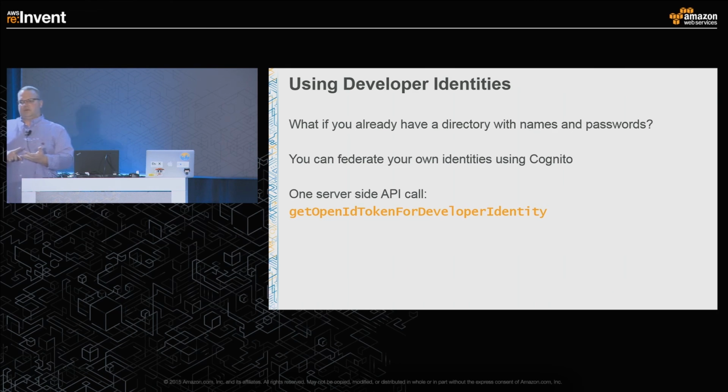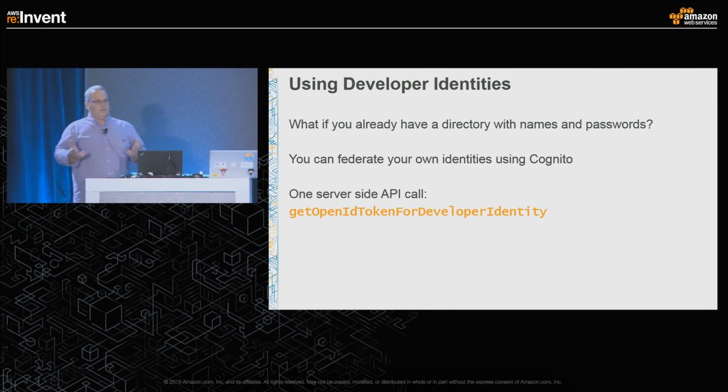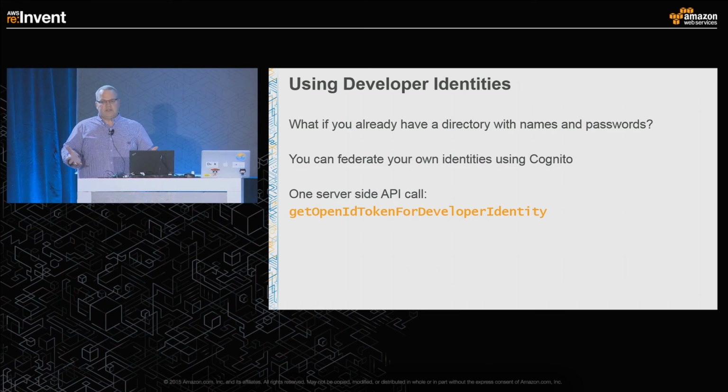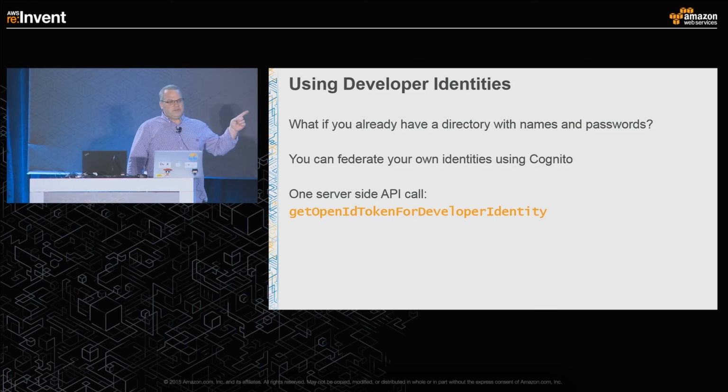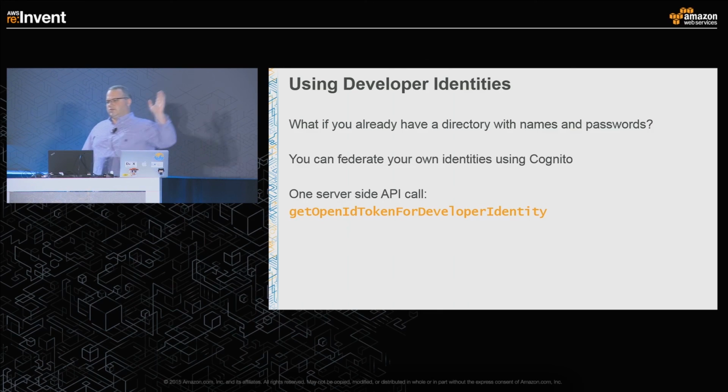There's no permissions required to call them, which is nice because you don't have any permissions at that point. That's good. This one, however, for obvious reasons, you do actually need to explicitly give permission to make this call from whatever entity is calling this. Otherwise, there would be chaos in the streets. People would be generating AWS credentials willy-nilly all over the place.